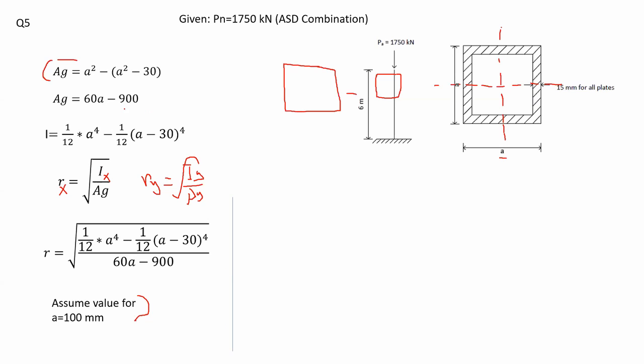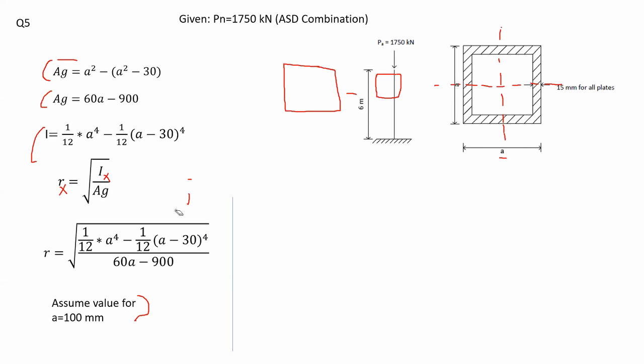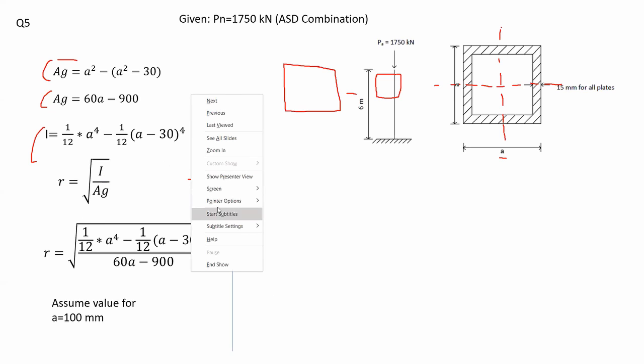Now if you put everything you have found, AG and I, in your equation, your radius of gyration would become like this. Now we have all the equations that we need, everything in terms of the variable A.